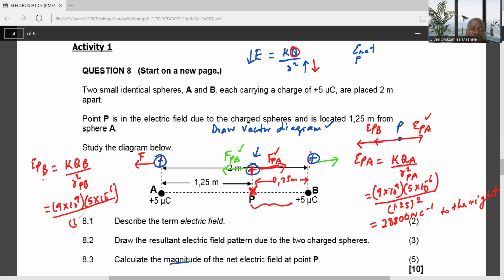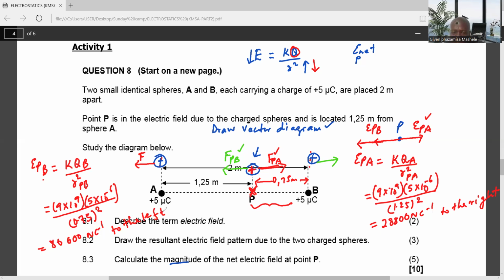It's 0.75. Remember, the smaller the distance, the higher the electric field at a point. So it's 9 times 10 to the power of 9 multiplied by 5 times 10 to the power minus 6 divided by 0.75 squared. This will give us a value of 80,000 Newton per Coulomb. This is directed where? To the left, if I'm not mistaken. It will be to the left, right?